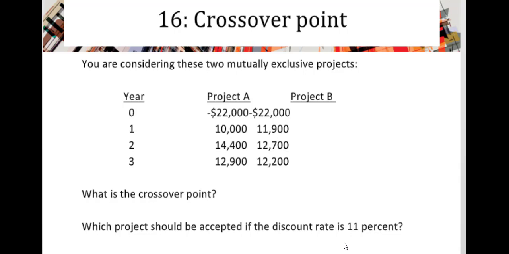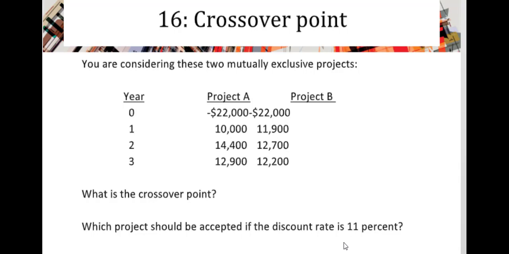Mutually exclusive projects means that if you accept one project, you reject the other one. And from the reading of the textbook, you should realize that the crossover point is the discount rate at which the net present value of these two projects are equal. So it is a rate at which the NPV of both the projects are equal.